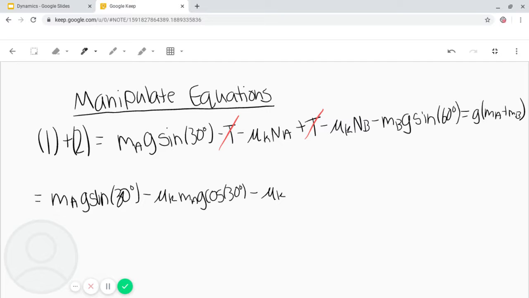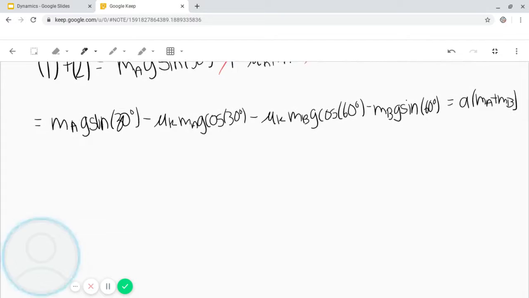And similarly, it would be m_B g cos 60 minus m_B g sine 60 equals, and sorry, that shouldn't be g, that should be a, times (m_A plus m_B). So then we can put some of our numbers in here.